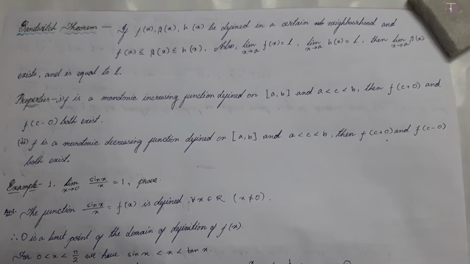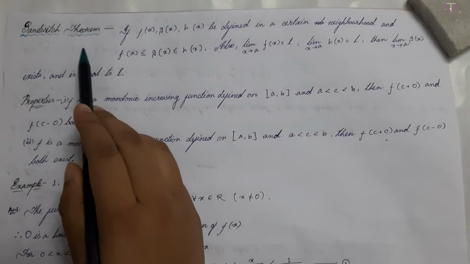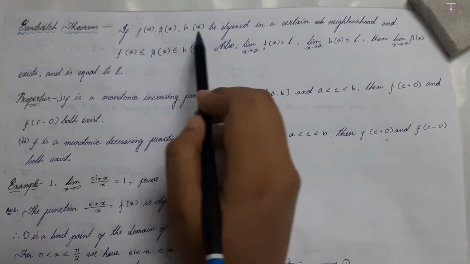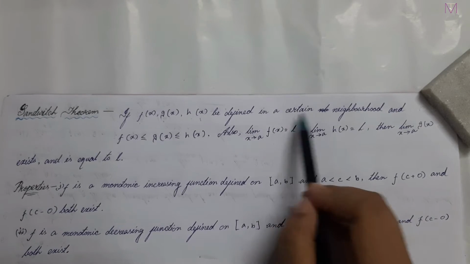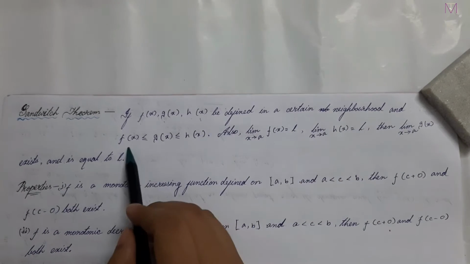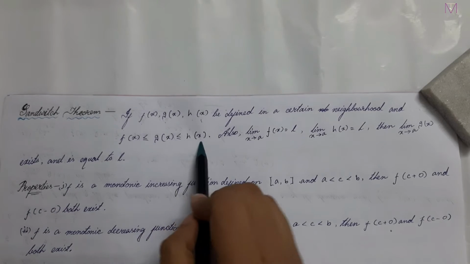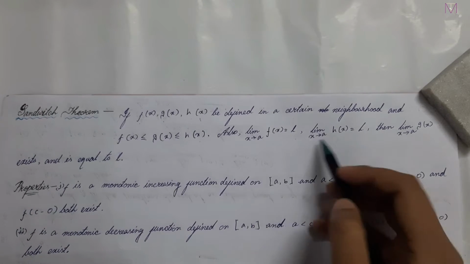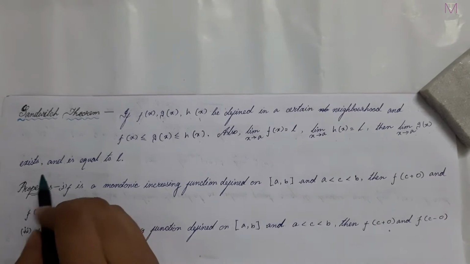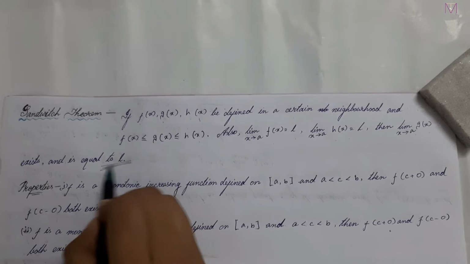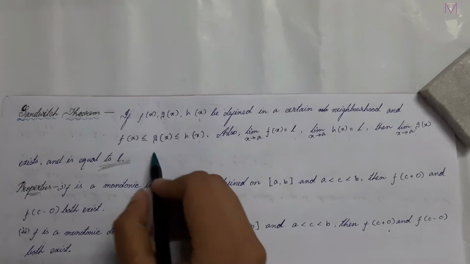Let's discuss the Sandwich Theorem. This is a very important theorem. You have to remember it very well. If f(x), g(x), h(x) are defined in a certain neighborhood and f(x) is less than or equal to g(x), which is less than or equal to h(x), also the limit of f(x) equals L and the limit of h(x) equals L, then the limit as x tends to a of g(x) exists and is equal to L. This is very easy to remember.